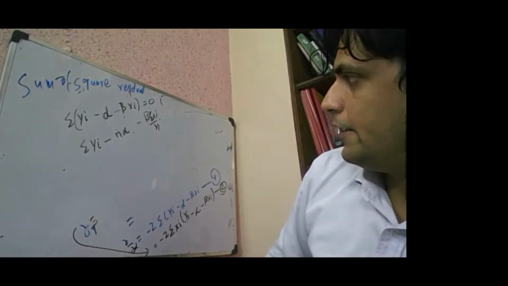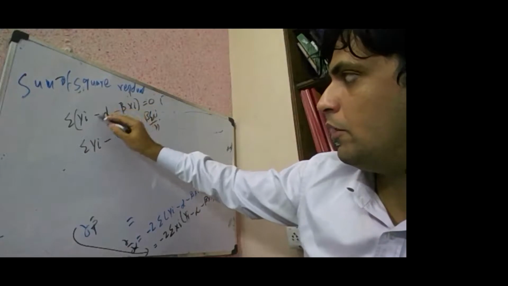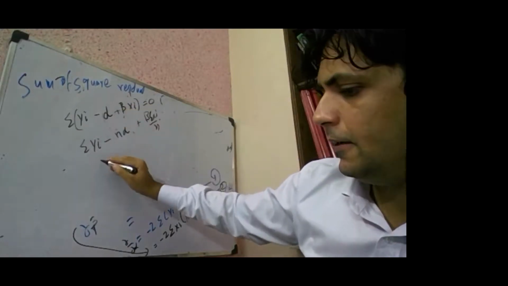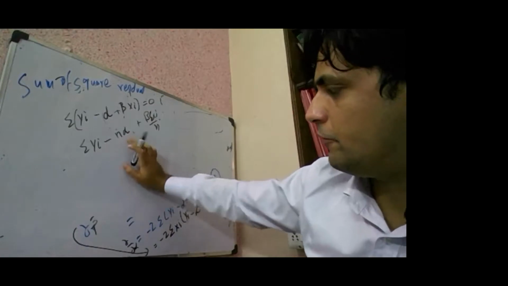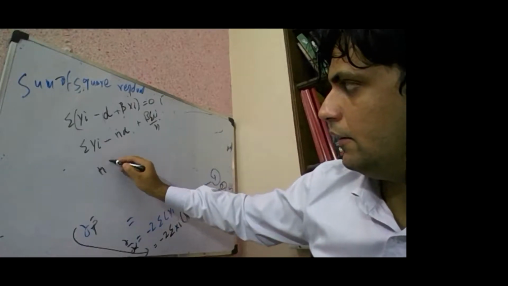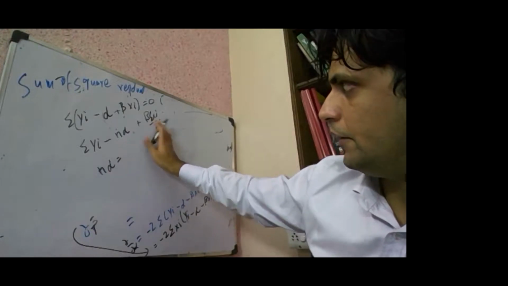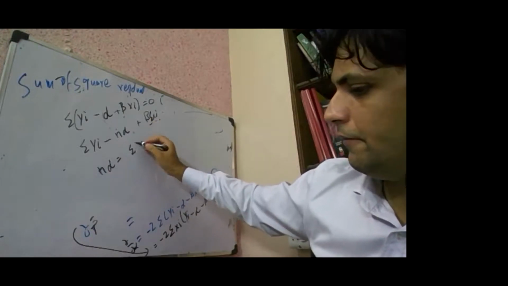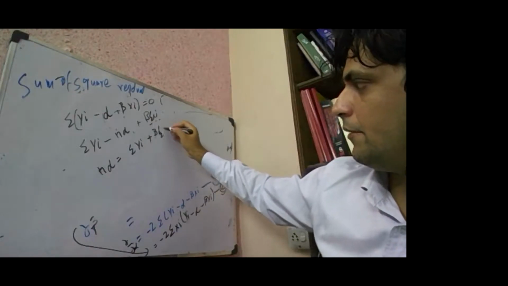When we open this, we have to find alpha. So n alpha equals sum of yi plus beta sum of xi.